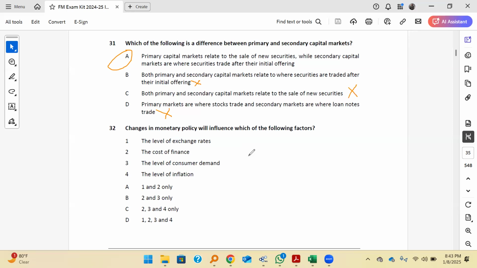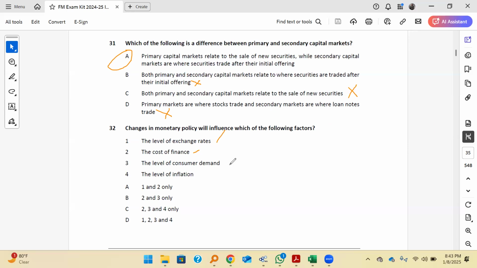Monetary policy has to do with interest rates and money supply. So let's see, level of exchange rates, that is true, because that leads to money supply. Cost of finance. So now, when interest rates increase, cost of finance increases. That's also got to be true.